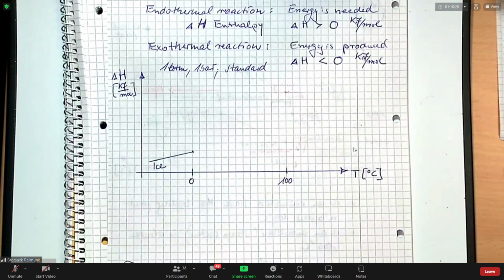Here, now, what happens? At standard pressure, ice is melting. What does it mean when we have ice and it turns into water? As long as we have ice in the system, is the temperature increasing? It stays the same.